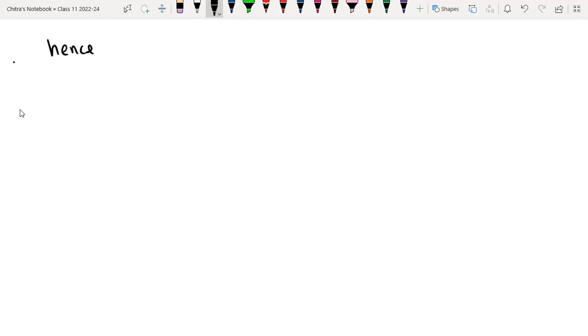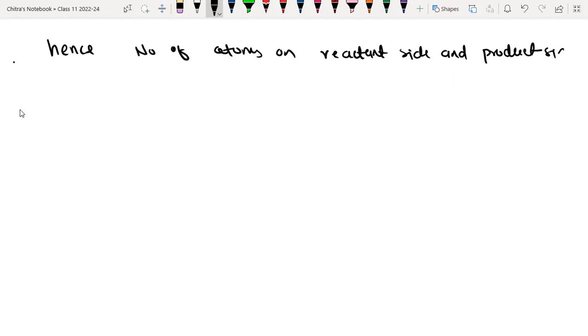Hence, the number of atoms on reactant side and product side must be equal. That's all.